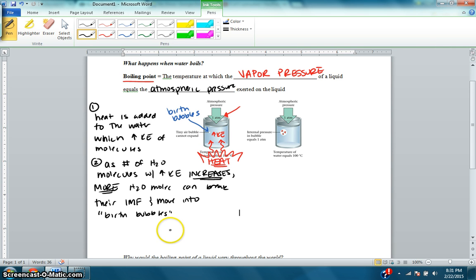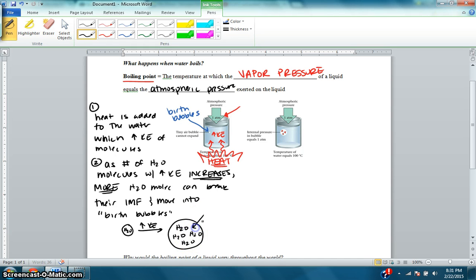So this is going to increase the number of gas molecules in our birth bubble. If this is our birth bubble before boiling, we might only have one sad little water molecule in there. As we increase the heat, we increase the kinetic energy. So our birth bubble is going to get bigger and bigger and bigger, because more water molecules are going to be able to break their intermolecular forces and get into this bubble at the gaseous stage.